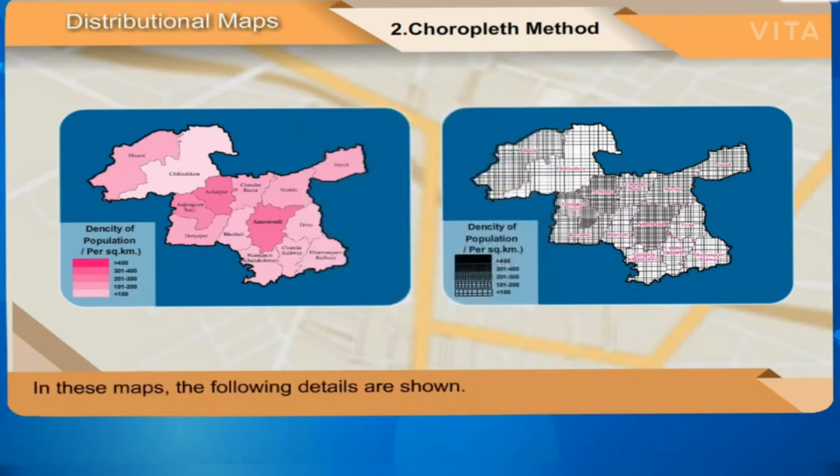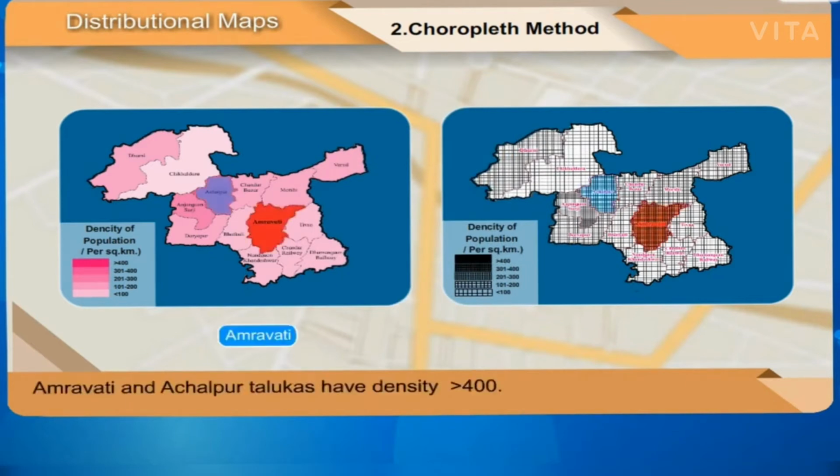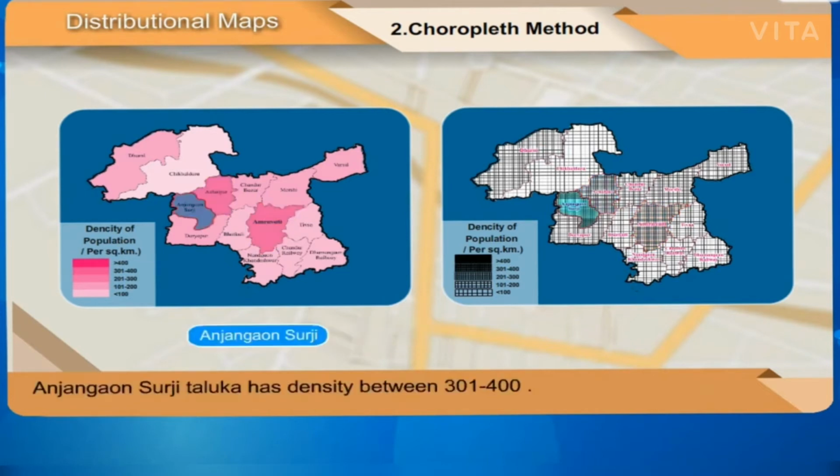In these maps, the following details are shown. Amaravati and Achalpur talukas have density greater than 400. Anjangaon, Surji taluka has density between 301 to 400.